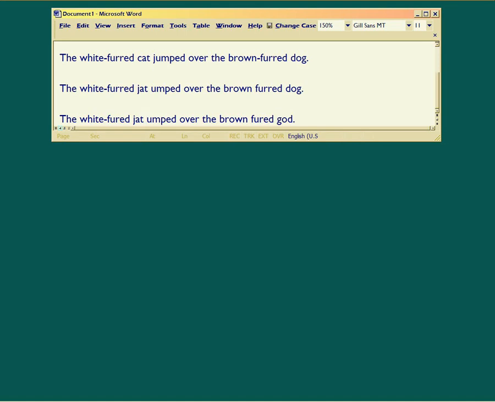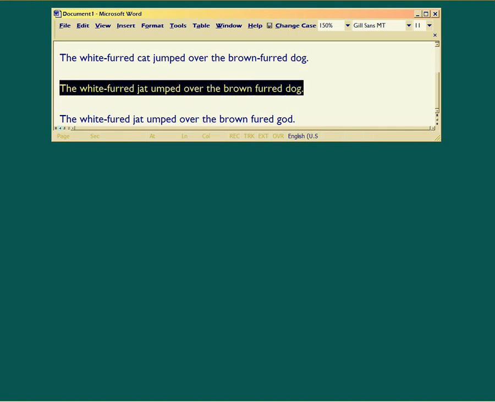Okay, so now you have a sentence in this third copy that makes absolutely no sense. Okay, unless you had context, which of course you always have context. The white furred jat over the brown furred god. Well, that's clearly a mistake. Now, if you have thousands of copies, you're going to go look in one of the other copies to find out what the original was. Okay? But you see how it's easy here?